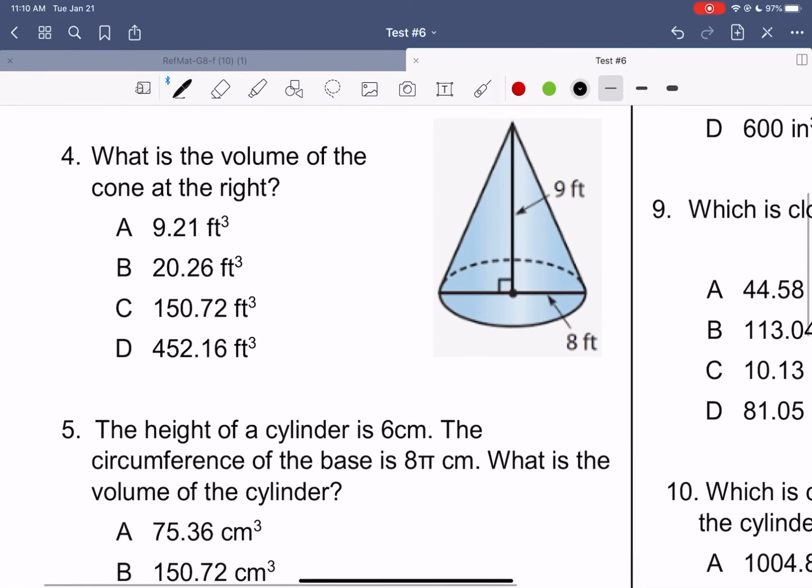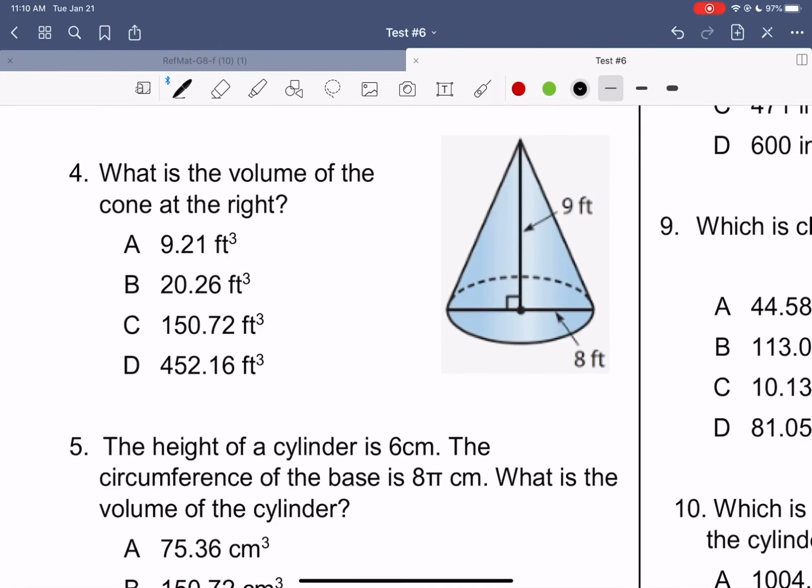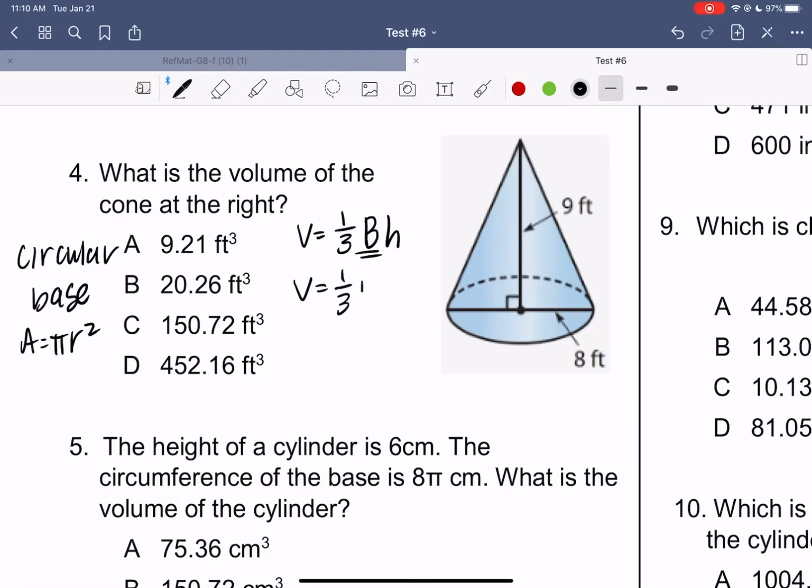Okay, again, we're doing volume of a cone. So we have V equals, from your formula chart, 1/3 area of the base times the height. Because we have a circular base, in order to find the area we have pi radius squared. So here I'll have V equals 1/3 pi radius squared times the height.